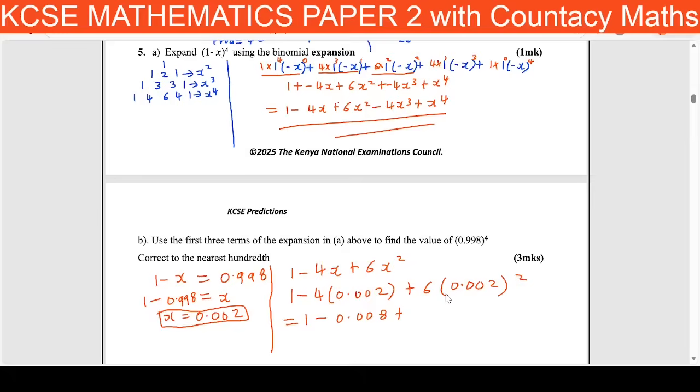That is going to give you quite a huge number, which would be something like 2.4 times 10 to the power negative 5.